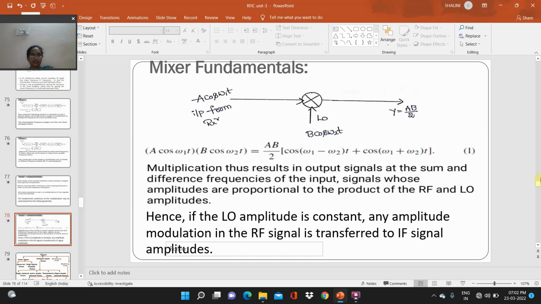Multiplication thus results in output signals at the sum and difference frequencies of the input signals, whose amplitudes are proportional to the product of the RF and local oscillator amplitudes. Hence, if the local oscillator amplitude is constant, any amplitude modulation in the RF signal is transferred to the IF signal amplitudes.